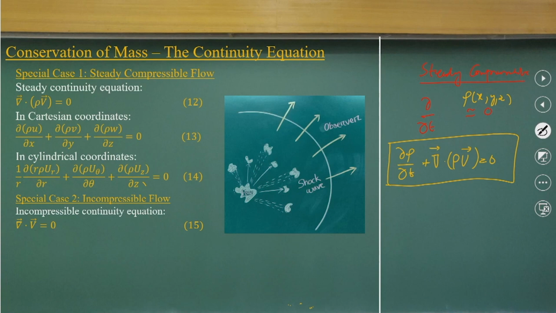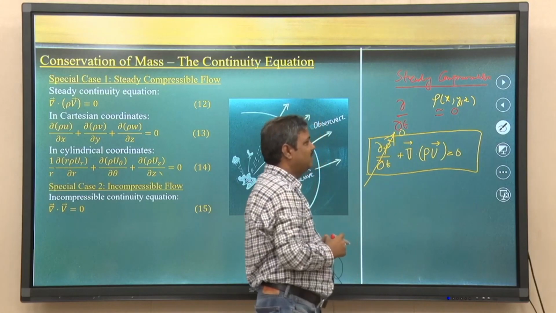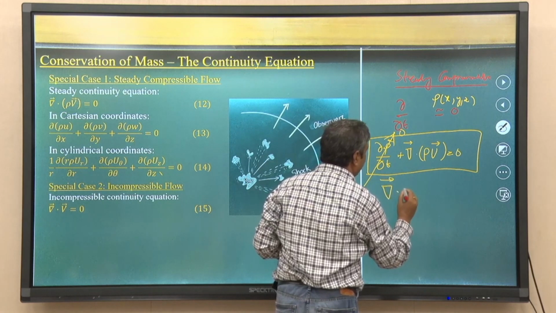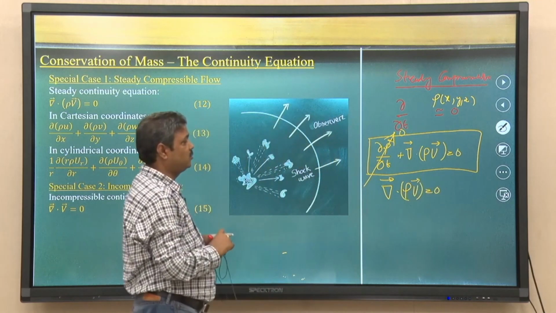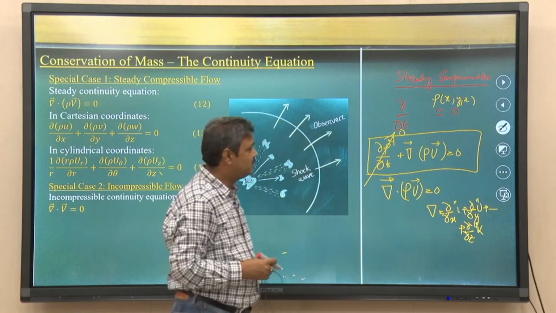If this is my basic equation, then we can easily say this component is 0, as it is a steady problem, and only the divergence component remains. Remember, del is del by del x i, del by del y j, del by del z k, which you know from basic mathematics.